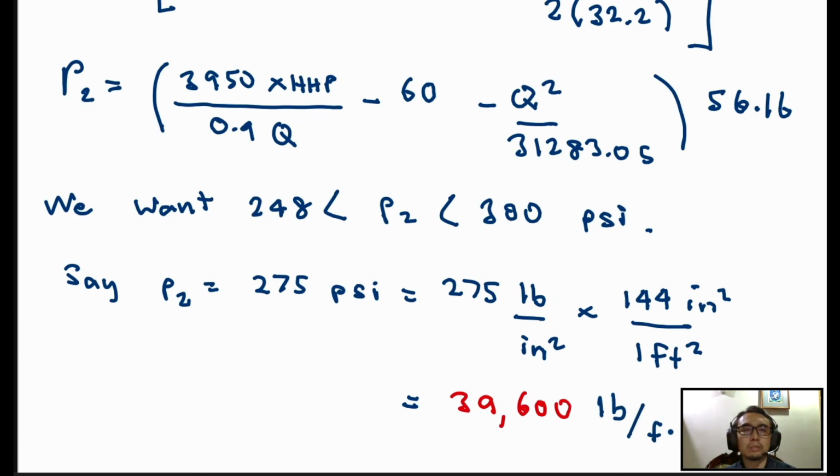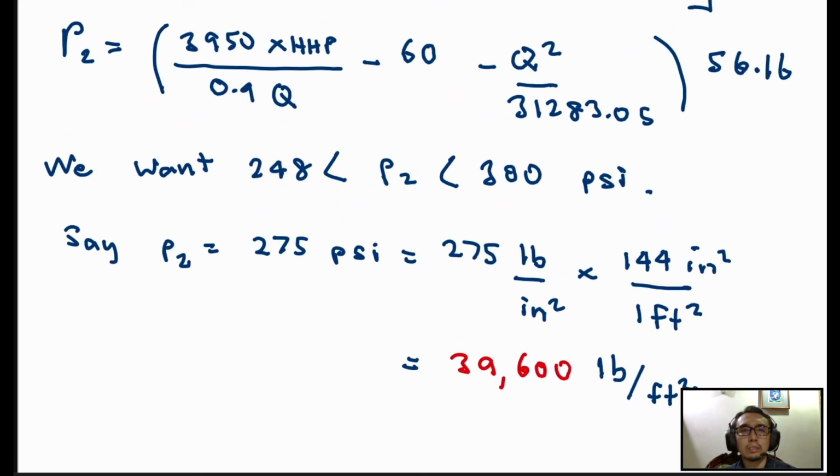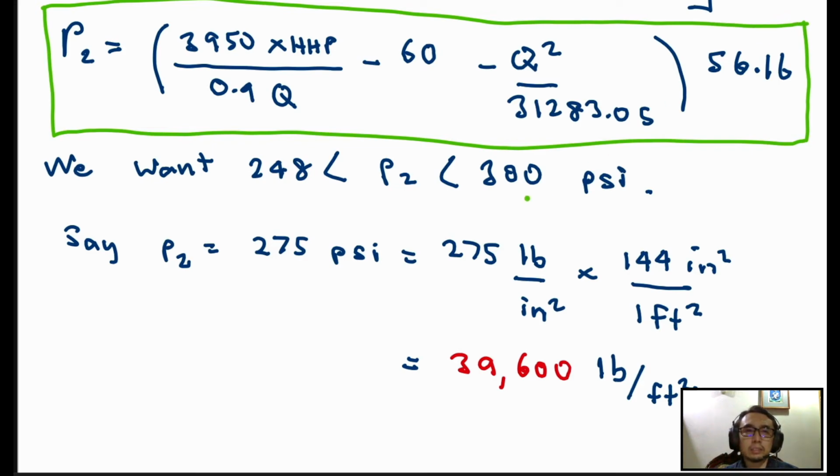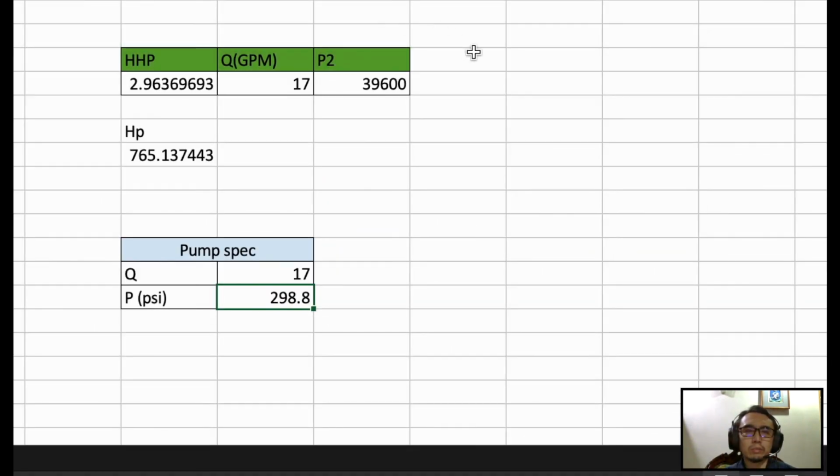Okay, so now we have two remaining unknowns. We just need to choose the HHP and the Q to achieve that particular value of the pump. So we can use trial and error, or in this case, I will just use Excel. Or you can write a simple program, or you can just use Excel as shown here.